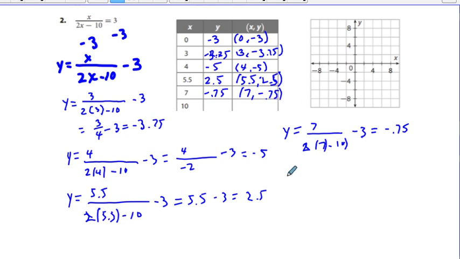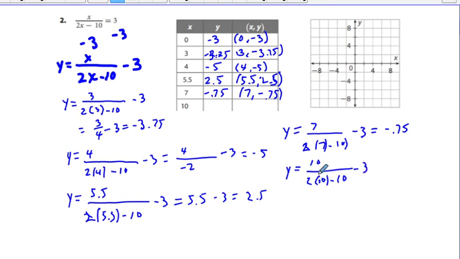And the last one we do is 10. So y is equal to 10 over 2 times 10, 2 times 10 minus 10 minus 3.